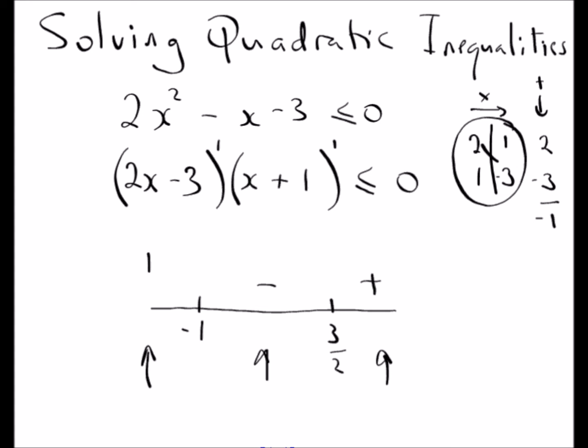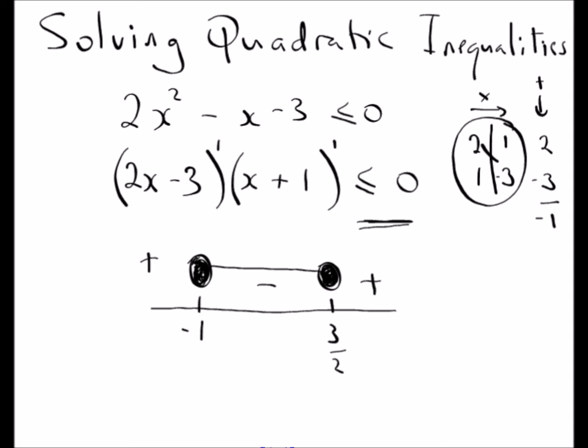Now the inequality we're trying to solve, we want the areas that are less than or equal to 0. So we are equal to 0 at negative 1 and at 3 on 2. So we show that by colouring in a circle at those two values. Now we also want the sections that are negative. So we are negative between those two values.